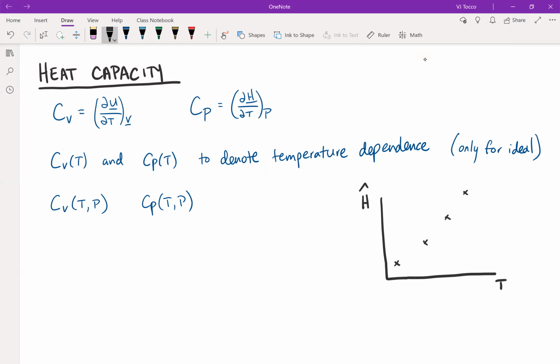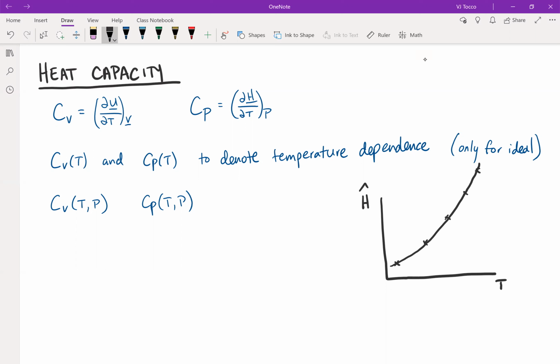I can take a calorimeter or something, increase the temperature, measure that corresponding change in enthalpy, and do a curve fit here. And CP is going to be the slope of this curve. So that's literally what it means. dH/dT at constant P is the slope of this curve, keeping P constant.